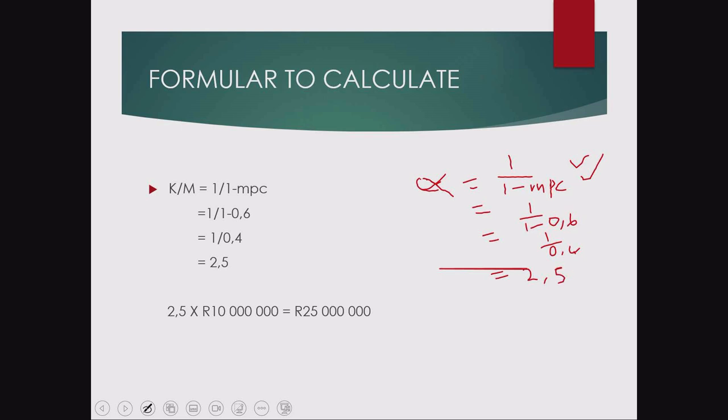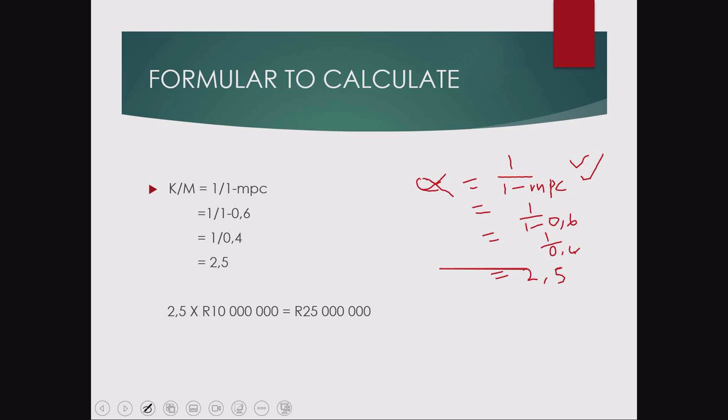Now, we wanted to know by how much the income will increase. Remember, we said an initial increase in spending results in a proportionally larger change in national income. Now we want to know by how much the national income has increased. You need to know your multiplier. In this case, we've got our 2.5.